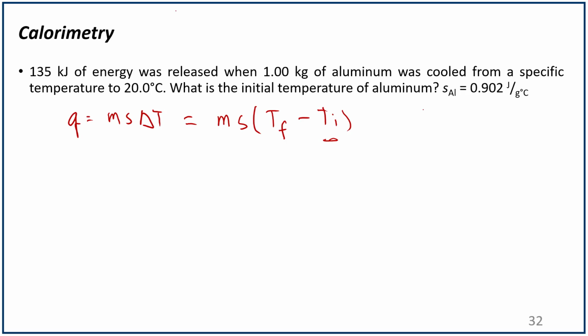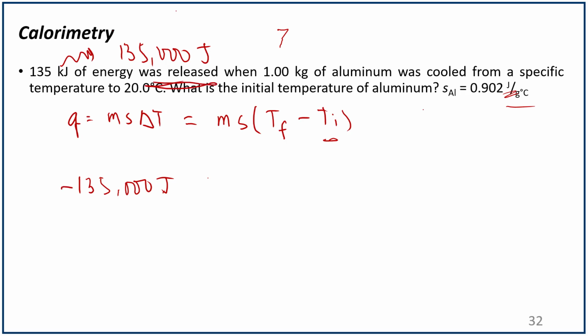So for example here, knowing that the S for aluminum is in terms of joules per gram degree Celsius, I'm going to re-express Q as 135,000 joules. So to plug in the values that are available, that's going to be 135,000. And don't forget to affix a negative sign because it says the heat was released.